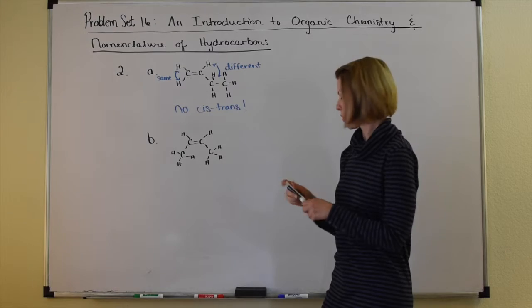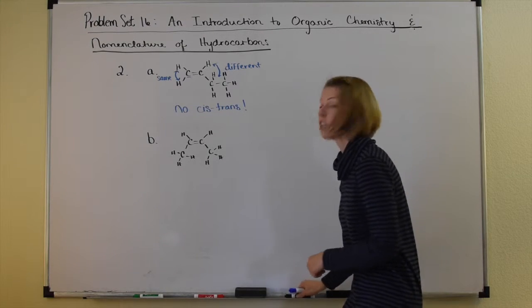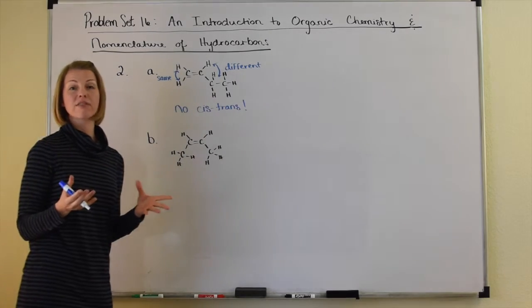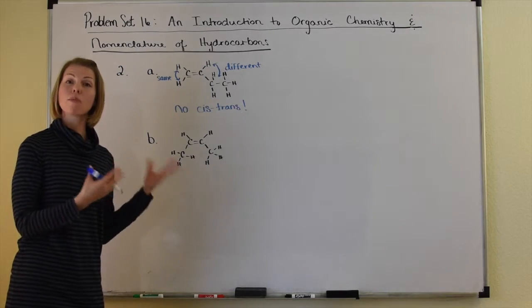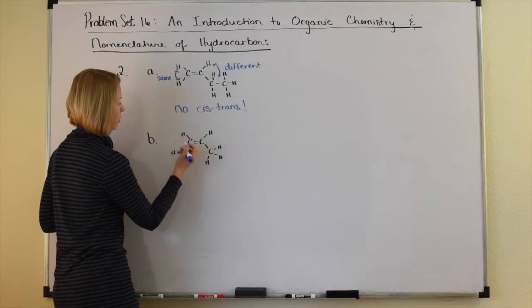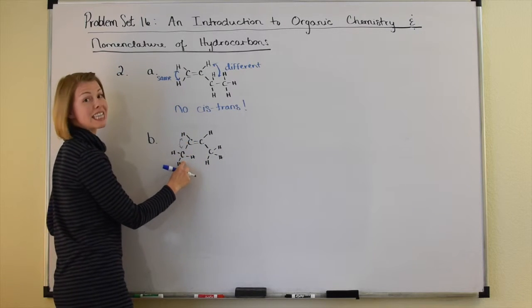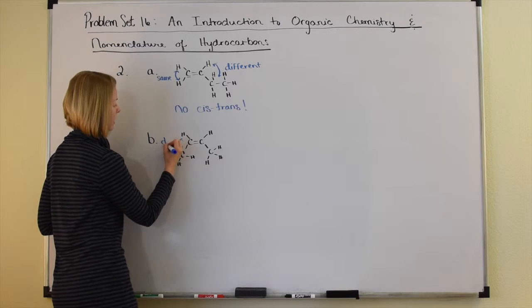Okay, and now we're ready to look at each of the carbons that are part of the double bond and determine if their substituents are the same or different. So looking at this one first, a hydrogen is different than a CH3. So I'm going to write diff.